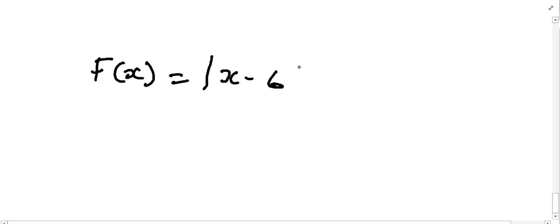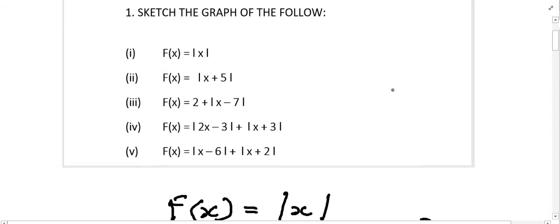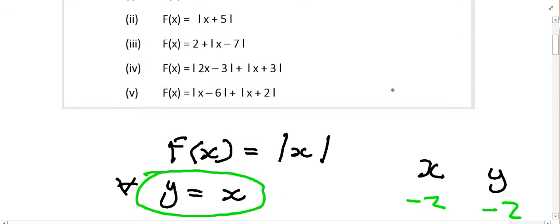The fifth one is saying f of x is simply equal to the absolute value of x minus 6, plus the absolute value of x plus 2. Let me just recheck and see if I have copied the right thing.